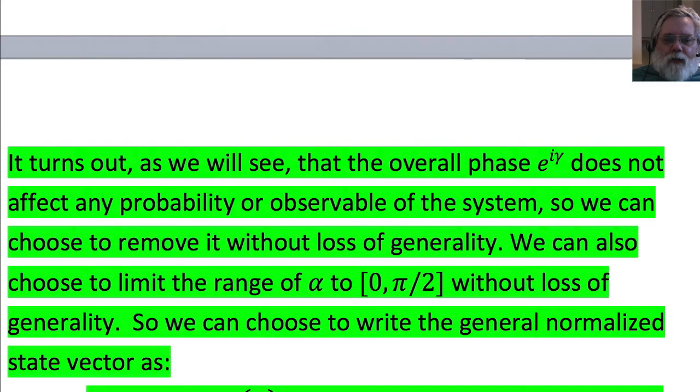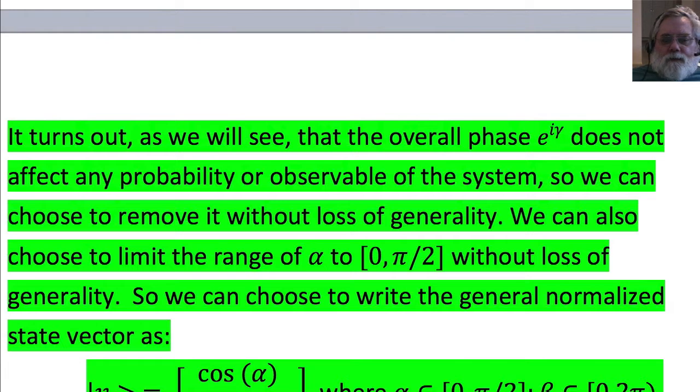But we can do better than that. It turns out, as we will see at different points in this lecture, that the overall phase, in this case that e to the I gamma that we pulled out, does not affect the norm of the vector. It does not affect the probability of the vector. It will not affect any observable of the system.